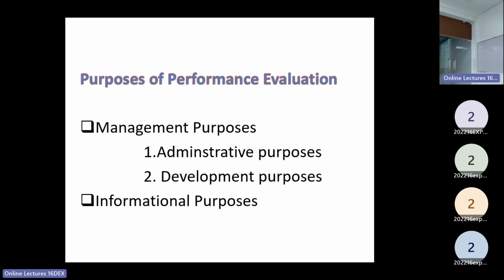Are they performing better? If they are performing better, then that method is good. The test is good. If they are not performing well, you will not use that. Understand? So in order to perform the selection function, you can use performance evaluation information.